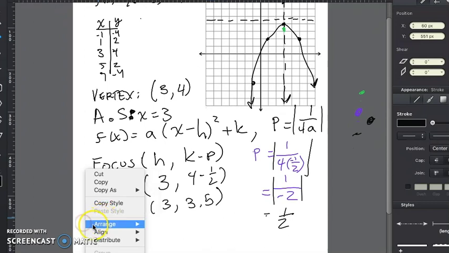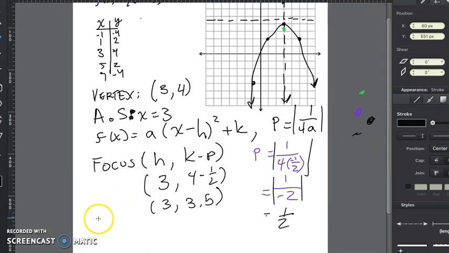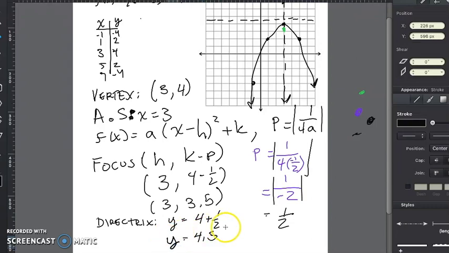Again, my directrix is going to be that y value. So y is equal to 1/2 more, so 4 plus a half. I'm going to call that 4.5. So that is my directrix. It's 4.5, and this is my focus, and there you go.